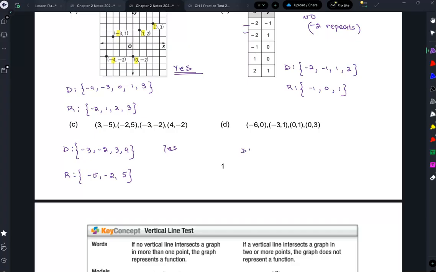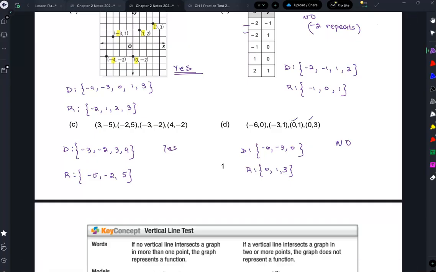Okay, what about here? What's the domain? -6, -3, 0. What's the range? What do you guys think? 0, 1, and 3. Function or no? No, not a function because the zeros repeat.